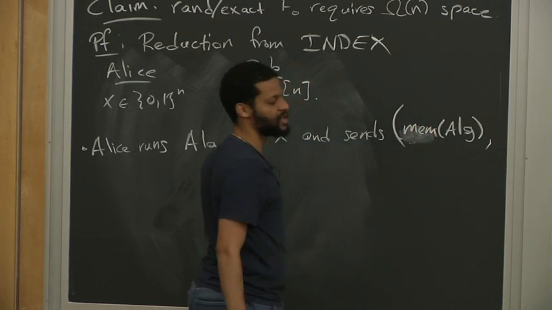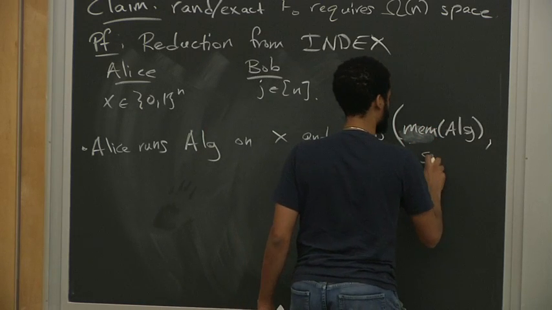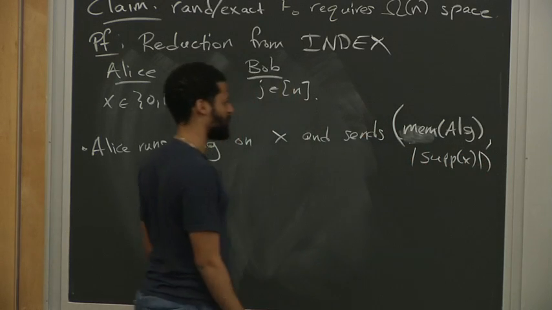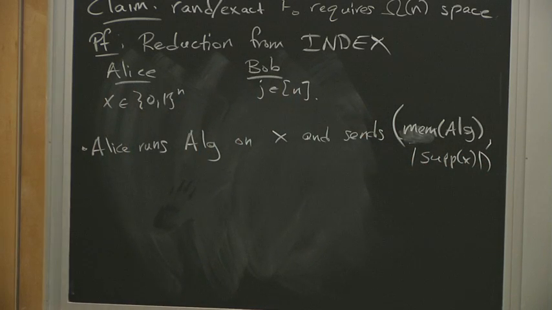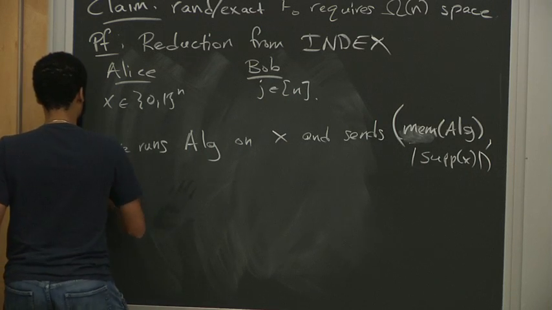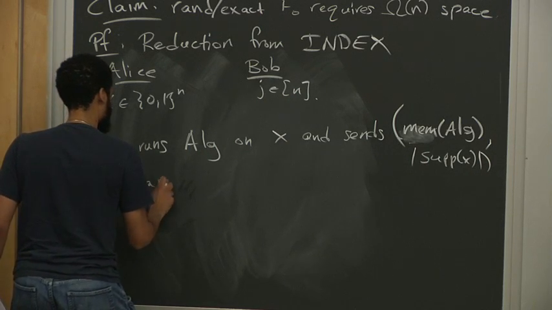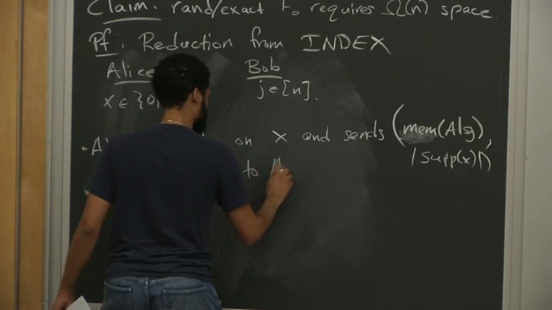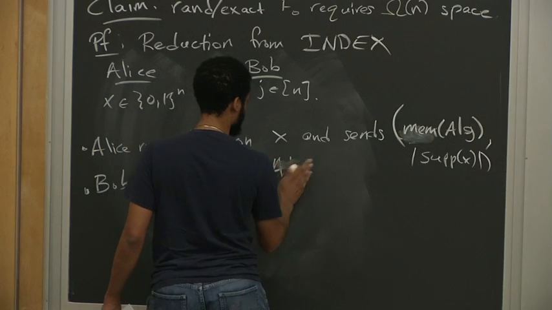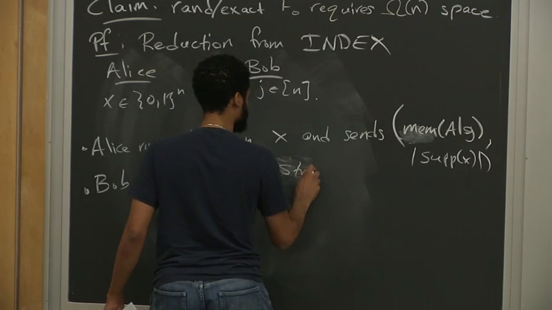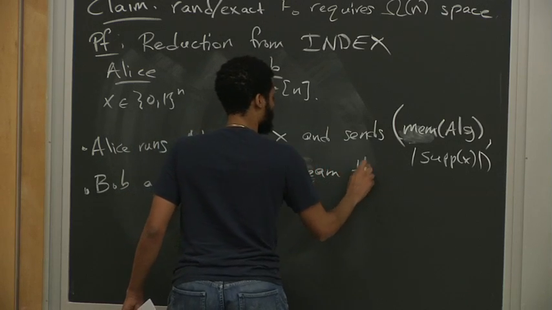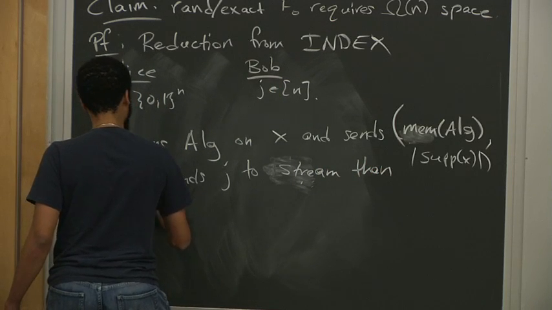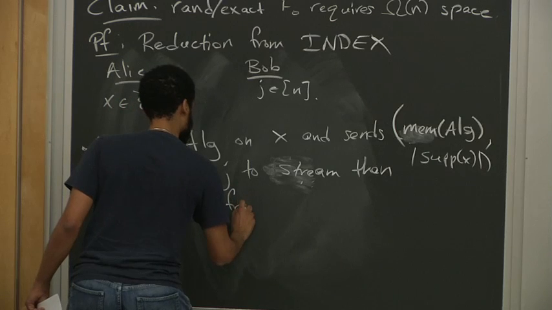And then she also sends the support size of x to Bob. Bob then just appends j to the stream, then queries F0 from alg.